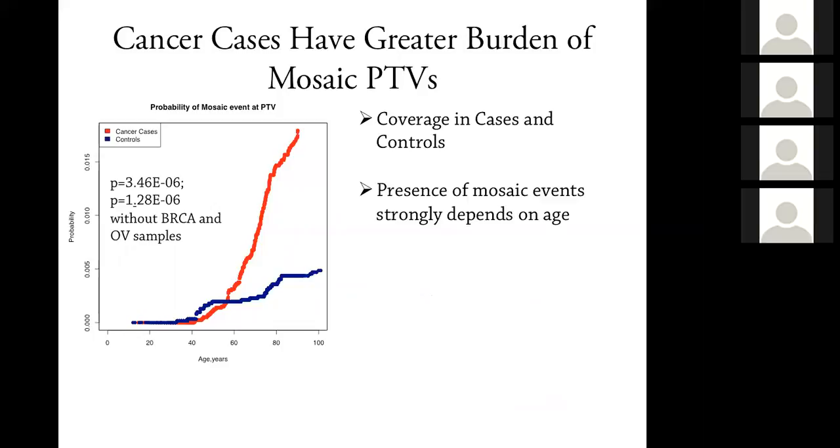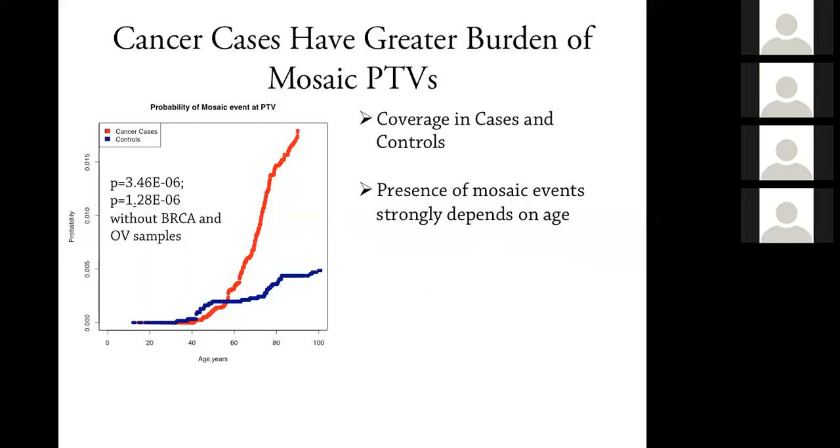The other thing is, you see two p-values on the plot. One of them corresponds to all 20 cancer phenotypes that we had. The other one is mentioned as being without the breast cancer and ovarian samples.